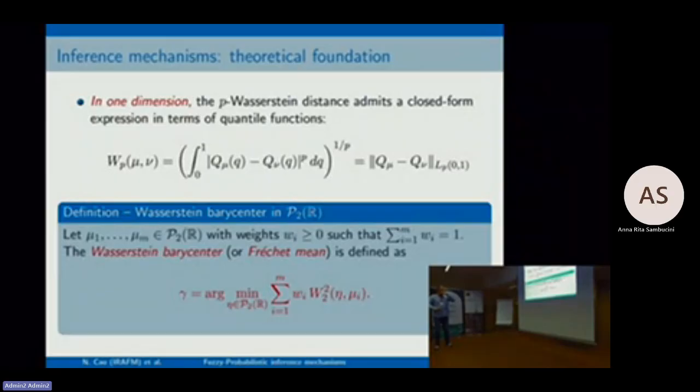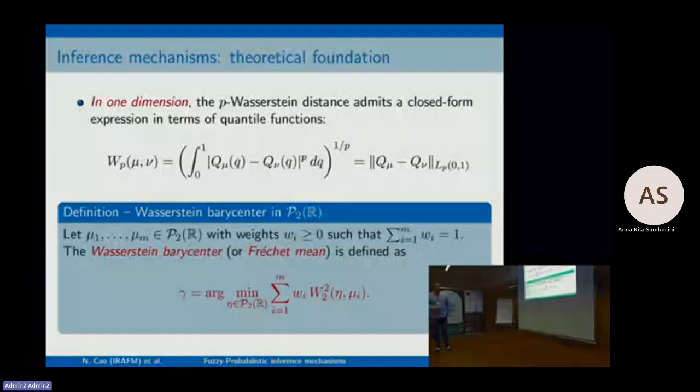And using this Wasserstein distance, we can determine the Frechet mean, which is defined for a set of probability measures. So we are looking for a measure which is somehow in the middle between these probability measures.